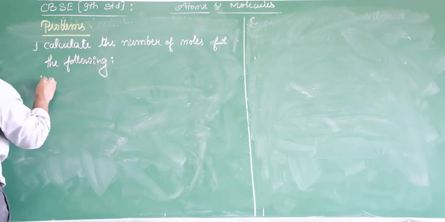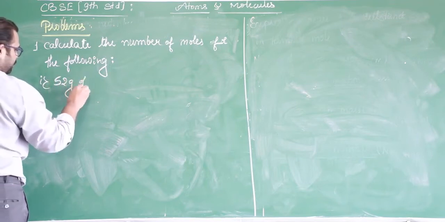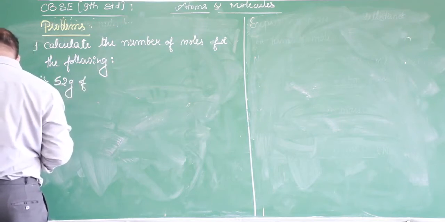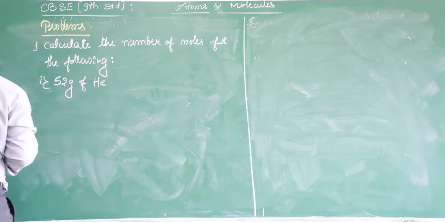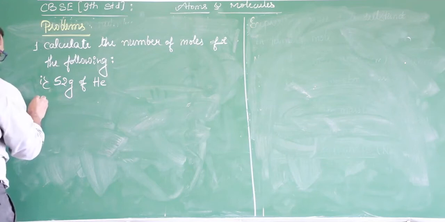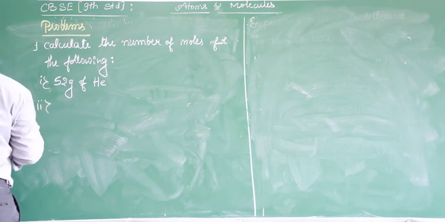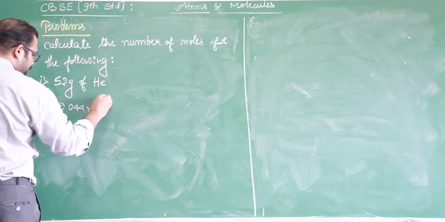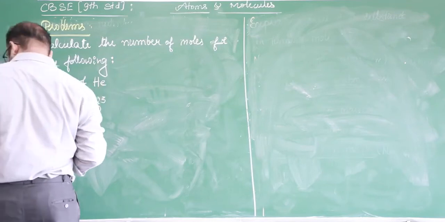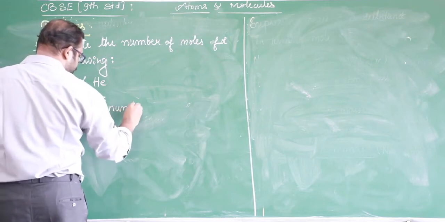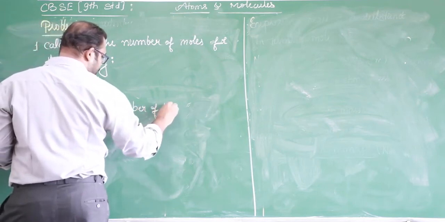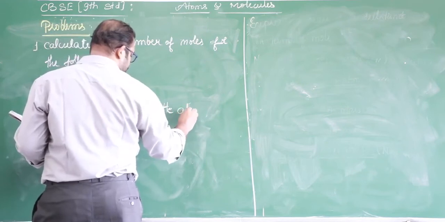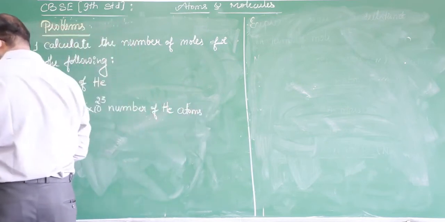First one, 52 gram of helium. And second one, 12.044 into 10 to the power of 23 helium atoms.